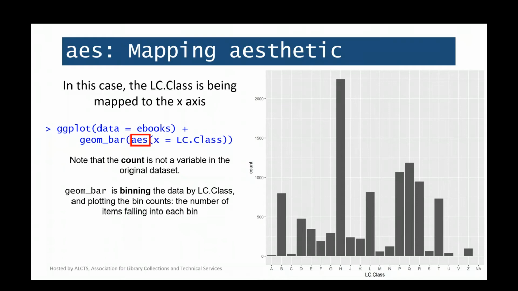So I think the important couple takeaways so far are that we're calling geom bar, which means we're going to end up with a bar plot, and we're mapping LC class to the x aesthetic, the x scale. And you don't have to specify mapping equals aes, so that's going to be omitted.